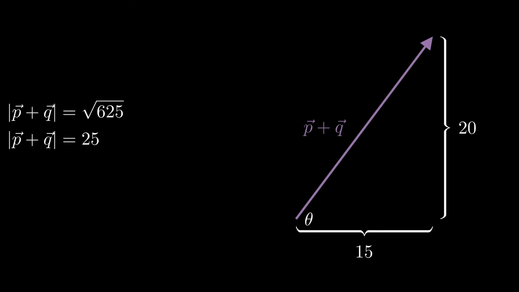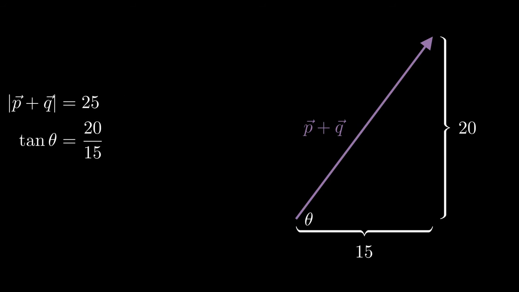Now what we need to do is find theta, which is the angle that p plus q makes with the x-axis. Okay. And now we have all the sides of this triangle. We have the hypotenuse now, 25. So you could do sine, cosine, or tangent. I'm just going to use the tangent. So that's the opposite over the adjacent.